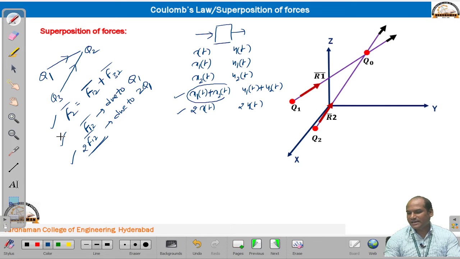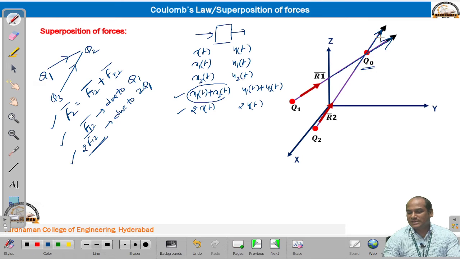Based on that, one concept is given, the same thing is available here. Here our test charge is Q naught. On this Q naught, due to Q1 some force is available, along the direction of the line joining these two point charges. And on the same Q naught, due to Q2 you have another force, also along the line joining Q2 and Q naught.